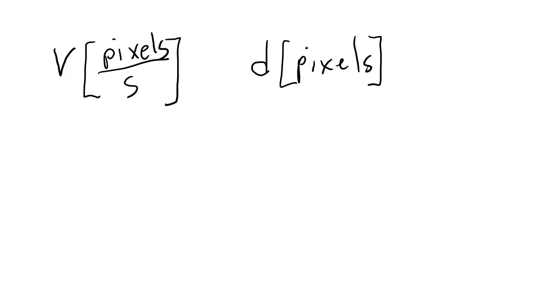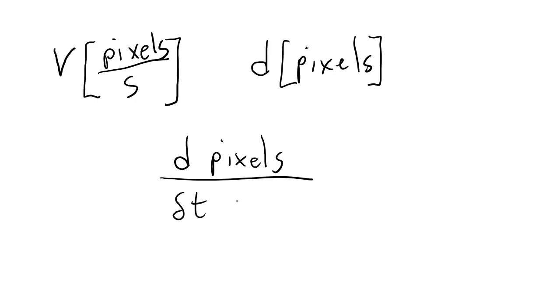Now, our brightest image of the motion, which is also the smallest distance that the object moves, would be obtained if the object moved d pixels in delta t number of seconds.